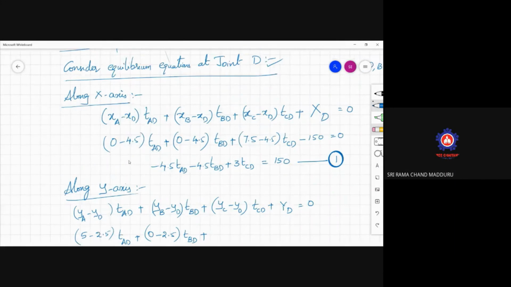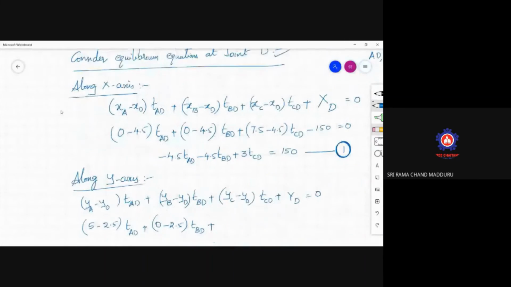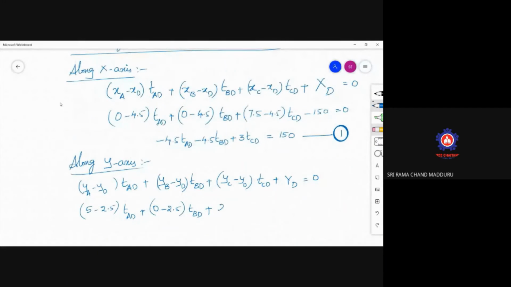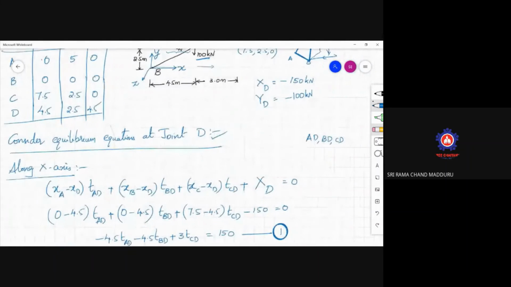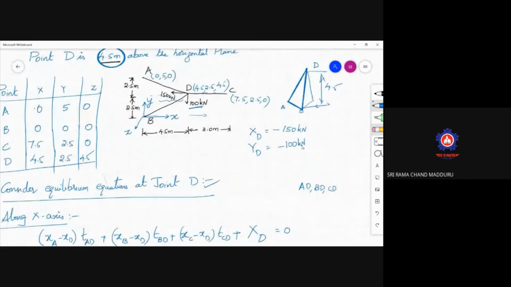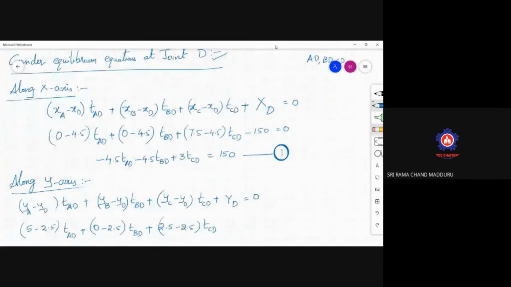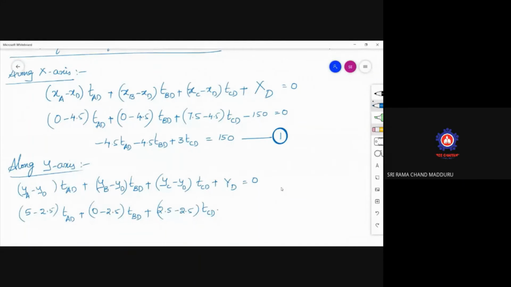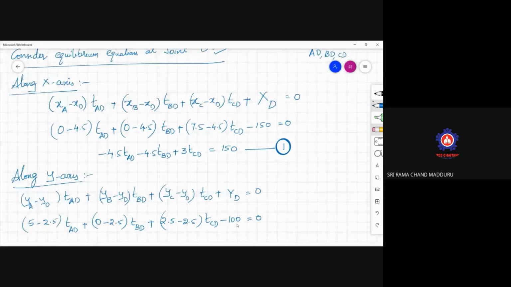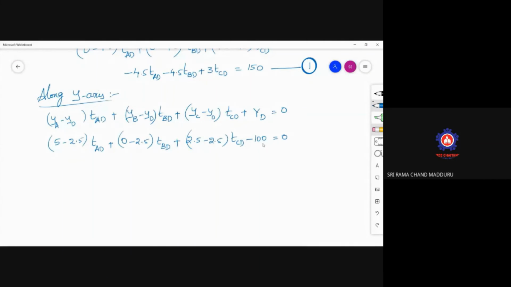What is the value of YC? 2.5 minus 2.5 into TCD plus YD. YD is nothing but external force. The value of external force we got is minus 100. So substitute with minus 100 equal to 0. Now simplify this one.